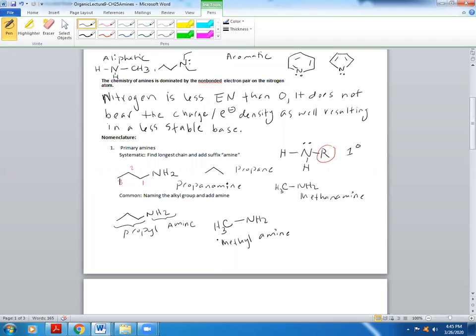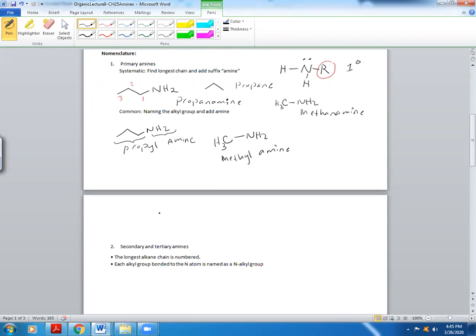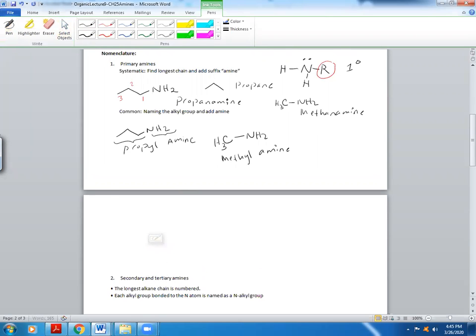Okay. Now, what about ones that have a chain, but they have substituents attached? Well, let's do that. So let's say we have this.